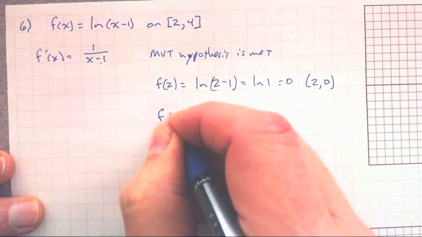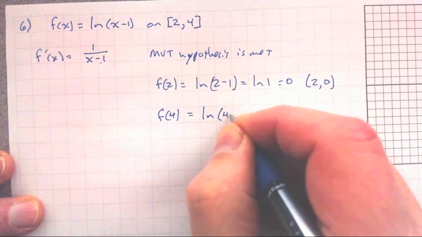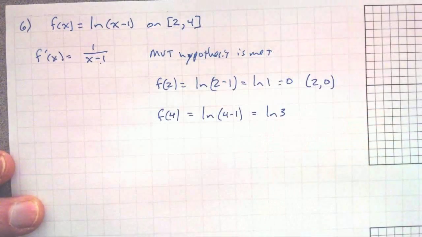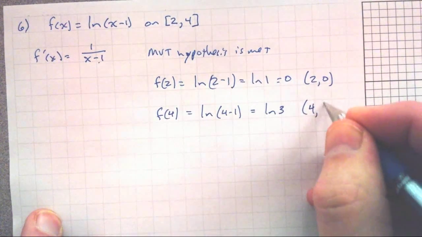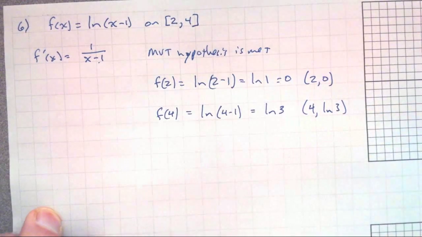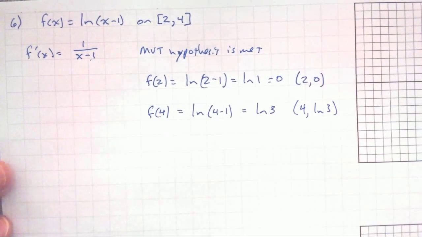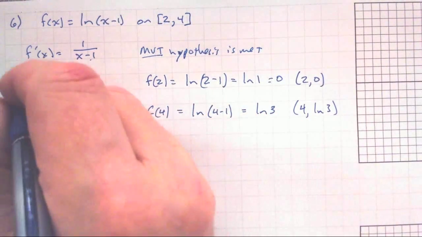Let's find f of 4. Not as convenient. That is ln of 4 minus 1, or ln of 3, for the ordered pair 4, ln 3.